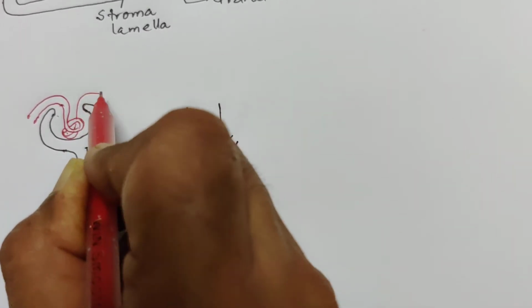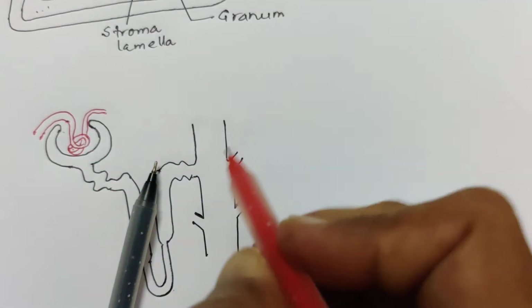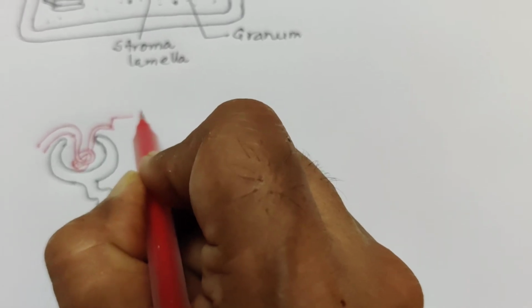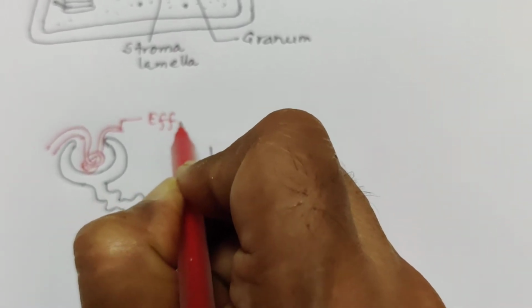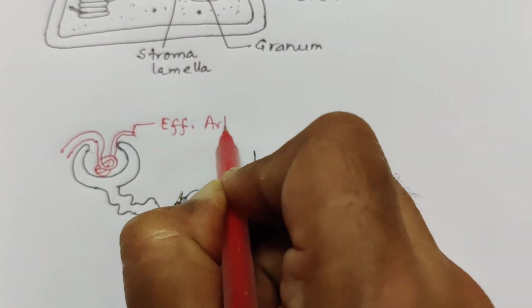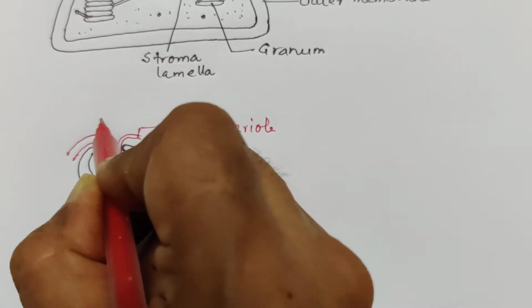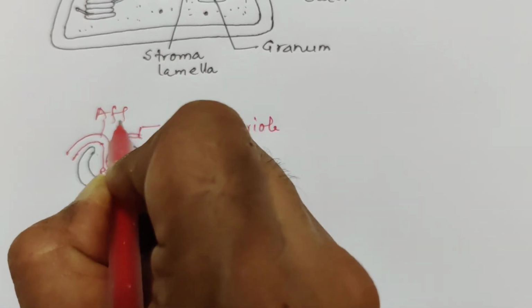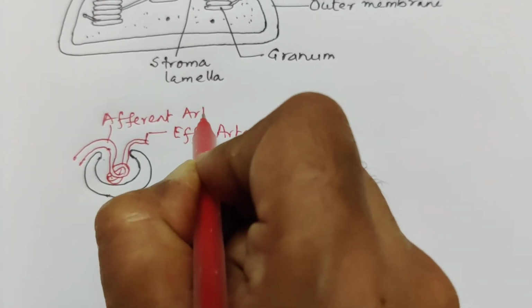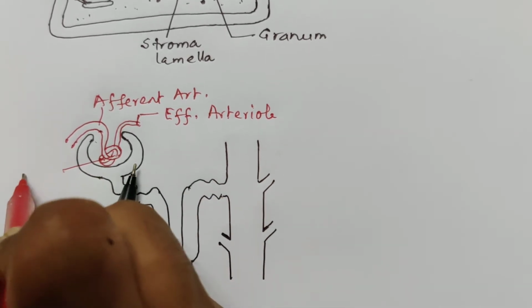Make it thin. This is efferent arteriole. This is afferent arteriole. This is glomerulus.